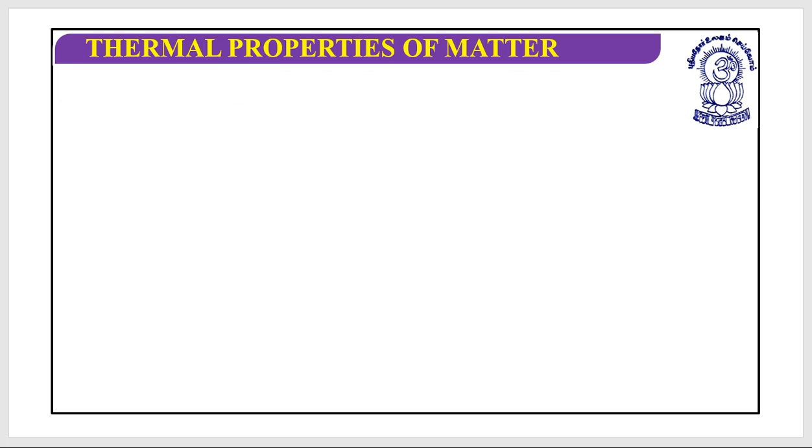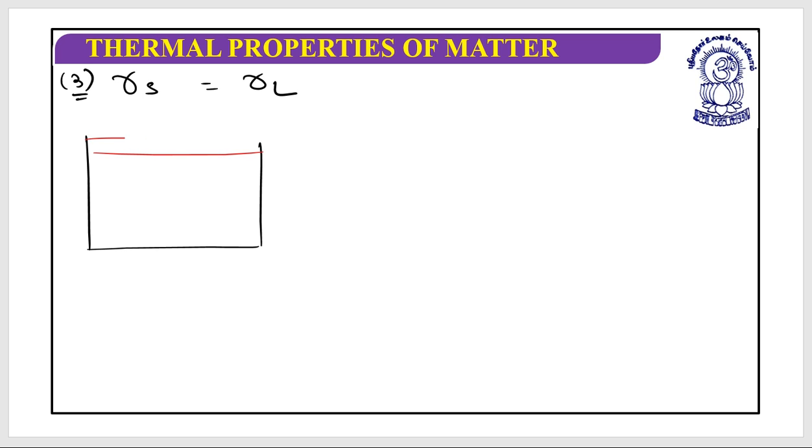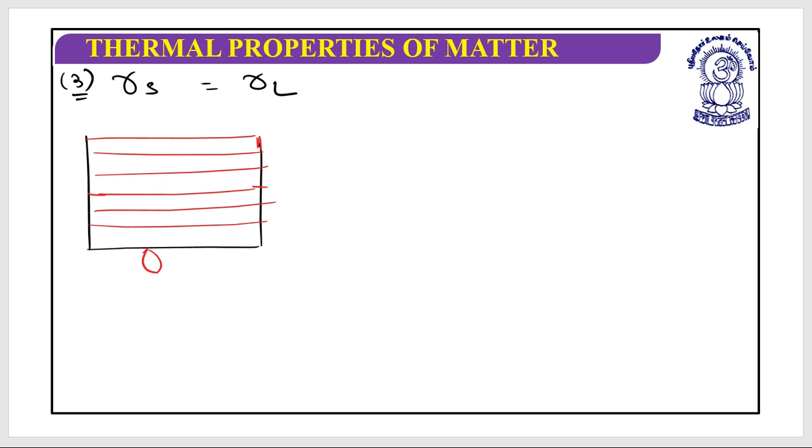Great. Now let's discuss the third case. Let's suppose gamma of solid is equal to gamma of liquid. This is the initial situation: a container with liquid filled up to the brim, and it is being heated. Both gamma of solid and gamma of liquid are equal.